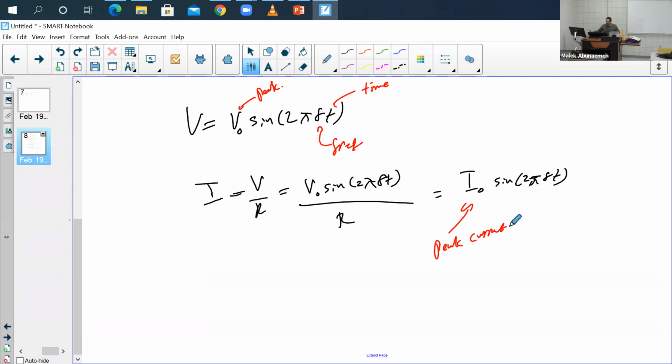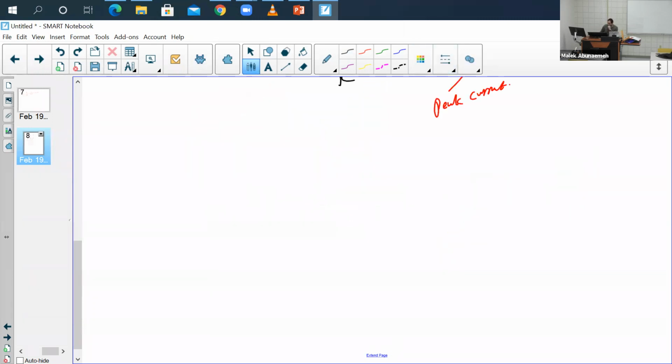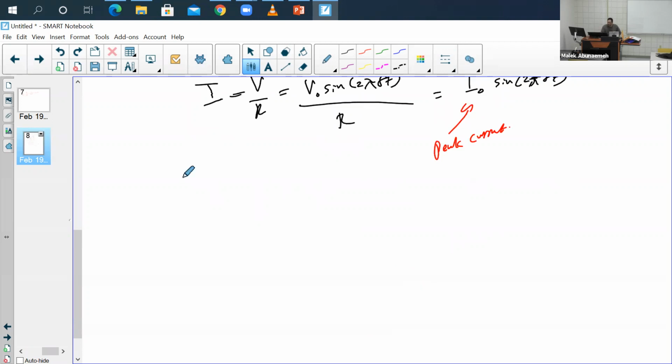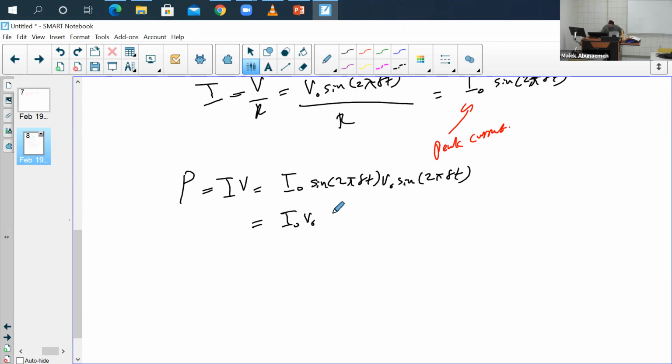So when you say that your power is going to equal IV, it would be I naught sine 2 pi f t times V naught sine 2 pi f t, which means I naught V naught sine squared of 2 pi f t.